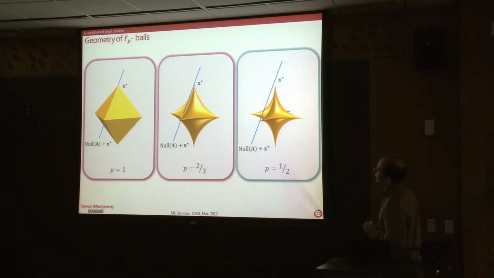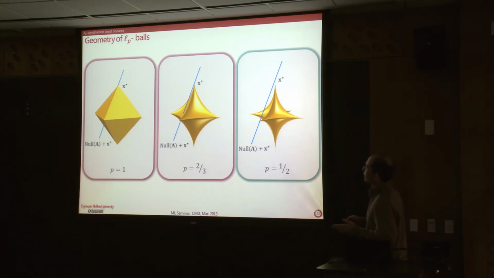Suppose that we have a sparse vector here, x star, and the blue line is the translated null space of the measuring matrix that passes through this sparse point x star. You can see that at p equal to 1, this translated null space pierces this L1 ball.